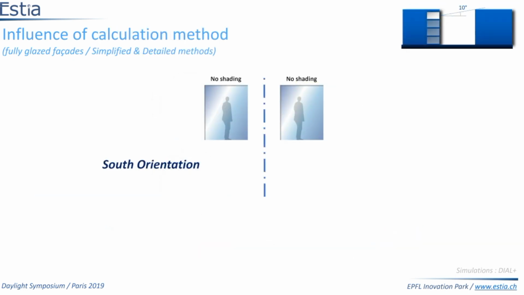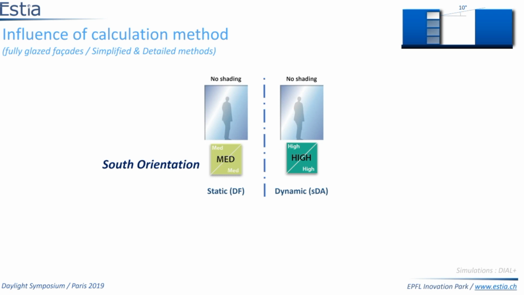Now, as you know, in the standard there are 2 calculation methods, the detailed and the simplified. Simplified is based on the static simulation, daylight factor, and detailed is based on dynamic simulations, I mean hourly simulations. Sometimes there are differences between the 2 methods.